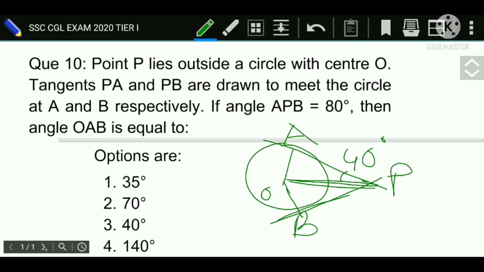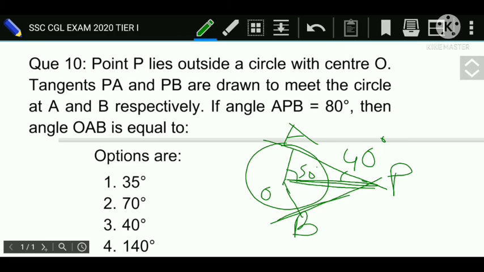So 90 degree plus 40 degree equals 130 degree, means this angle will be 50 degree, 50 degree on the top side, 50 degree on the bottom side. So this complete angle will be 100 degree.